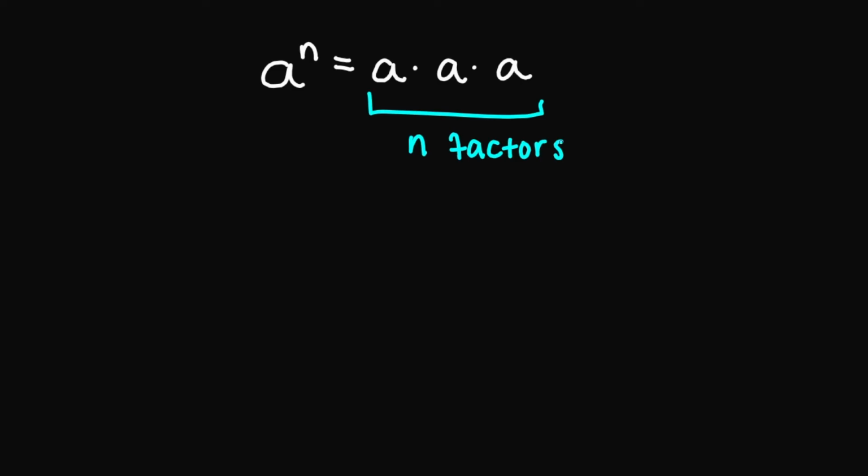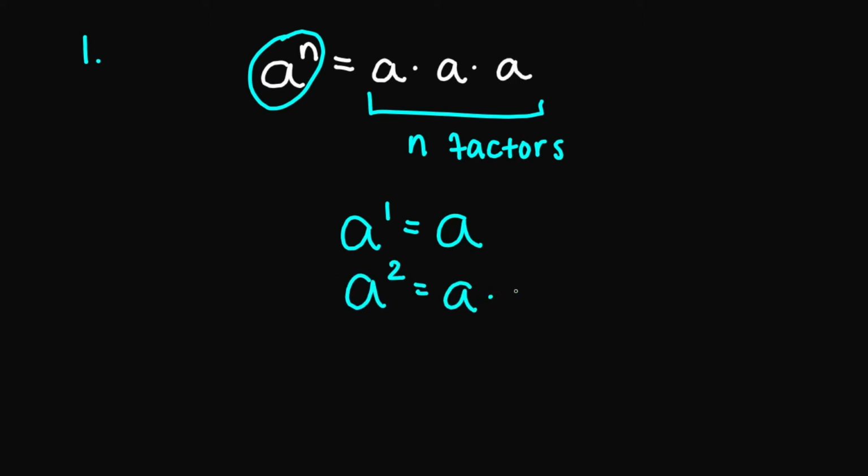So today we'll be reviewing laws of exponents with examples. Just a quick review, the first one that we do have on deck, and I'm going to put little numbers here. Remember that a to the n power equals a times a times a, whatever your n factors are. So for an example, if we had a to the 1 power, that's going to give us a. If we had a to the 2nd power, this is going to be a times a.